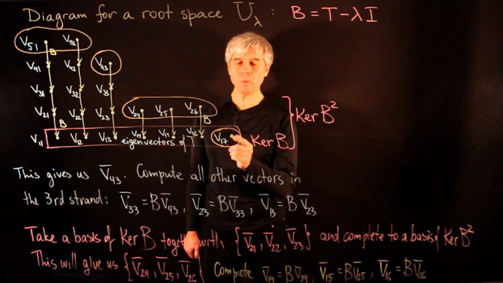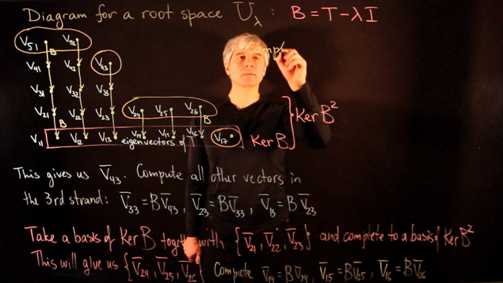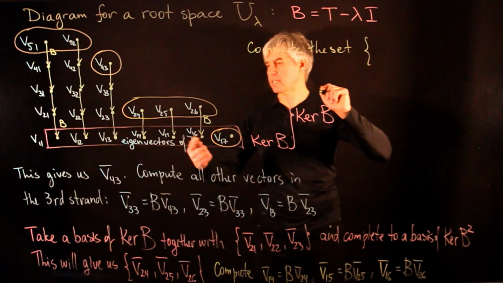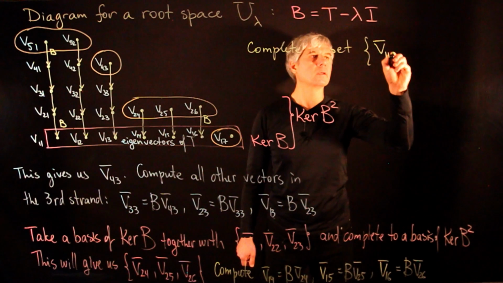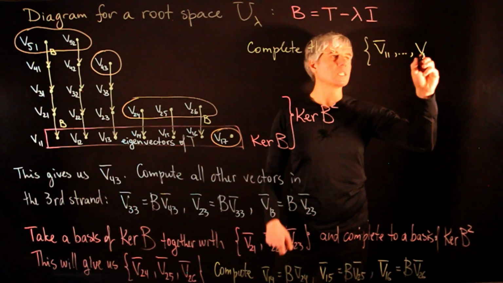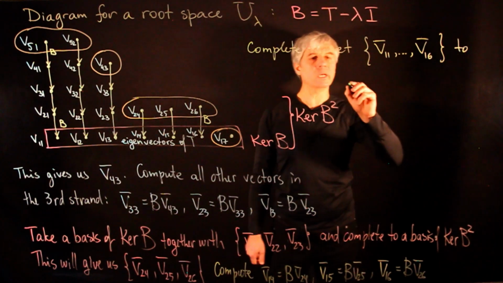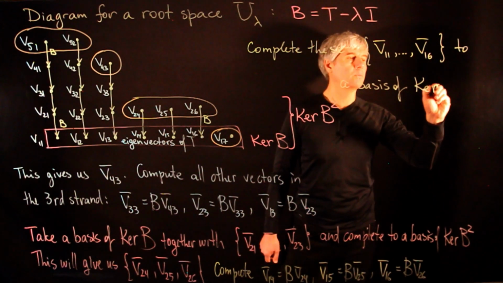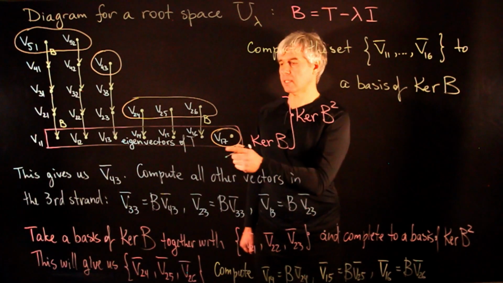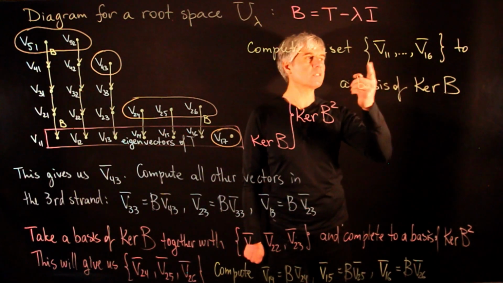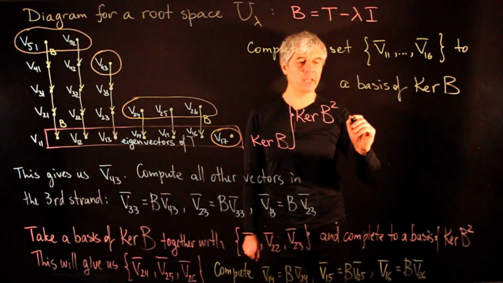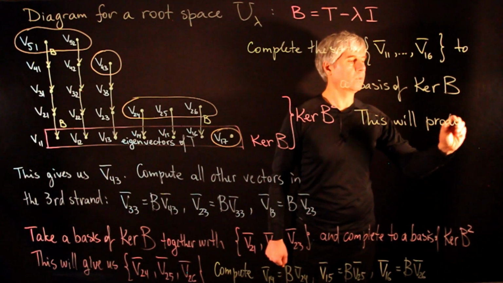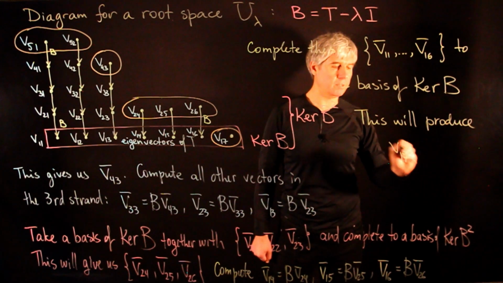Here, we don't need to work with quotient spaces, and we just complete the set of vectors that we already have on the ground level, from v11 to v16, to a basis of the kernel of B. The kernel of B in this example is 7-dimensional, and we already have 6 vectors in it, so this will give us 1 extra vector. So this will produce the vector v17.